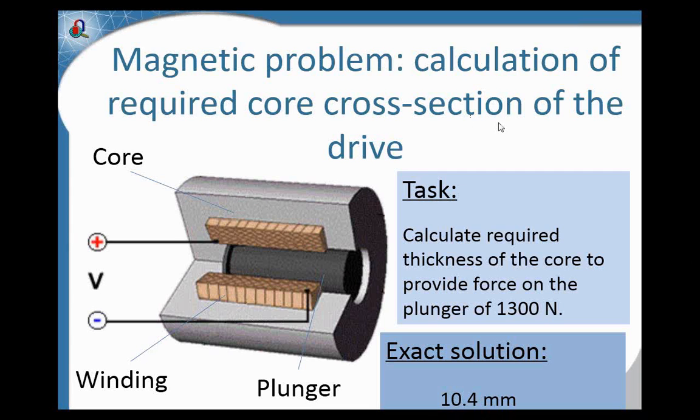Now let's study another example. It's a magnetic problem, calculation of required core cross-section of a drive. The principle of operation is that simple. When you turn on voltage on the winding, the plunger begins to move because a magnetomotive force acts on this plunger, trying to pull it to the inside.